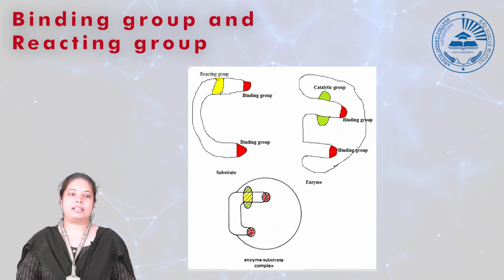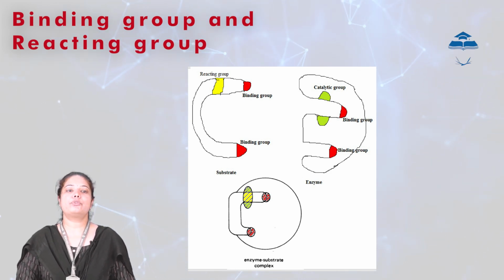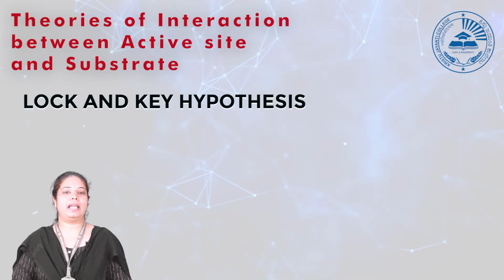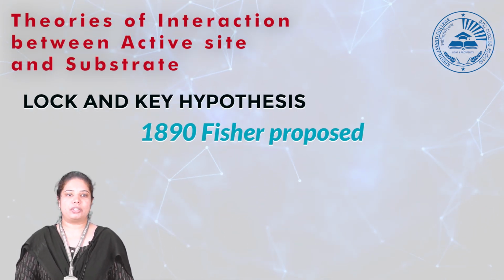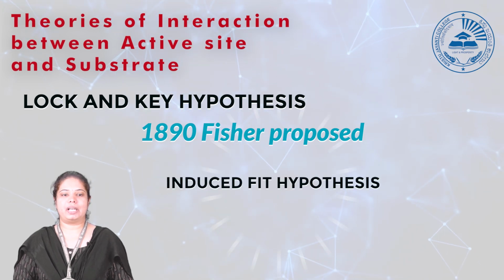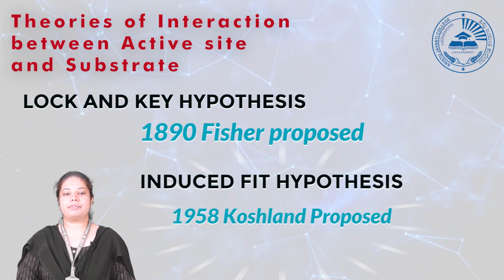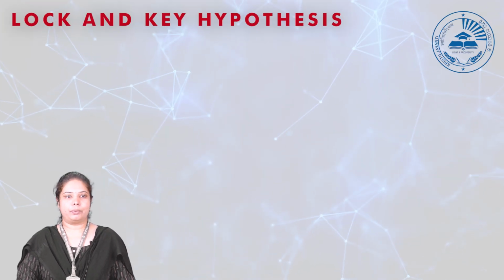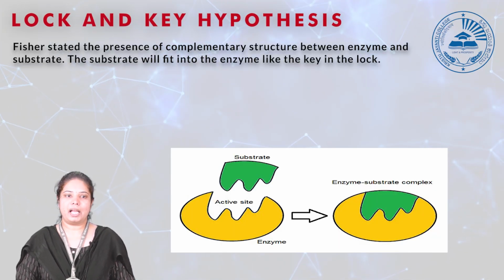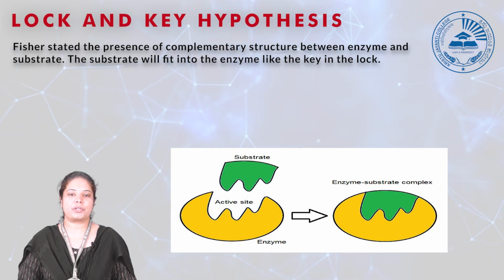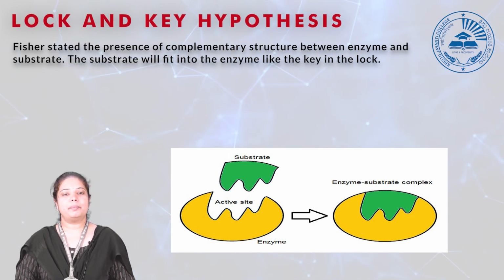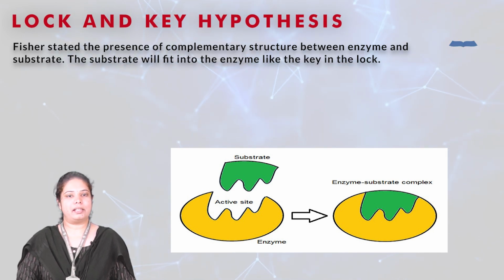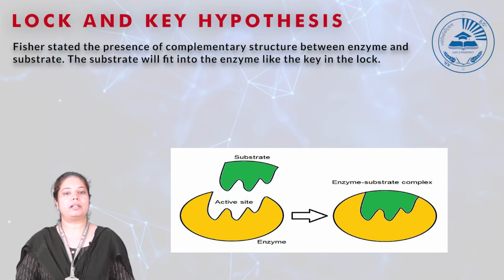For the enzyme substrate interaction, we have two hypotheses. One is the lock and key hypothesis, proposed in 1890 by Fischer, and the other is the induced fit hypothesis, proposed in around 1958 by Koshland. The first proposed hypothesis is the lock and key hypothesis, a very simple hypothesis in which the enzyme and substrate interact with exactly complementary geometry, resembling a lock and key.